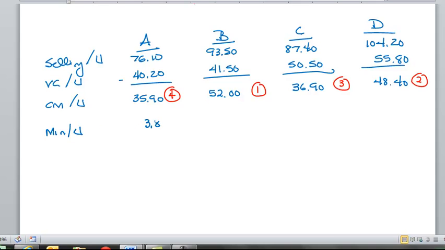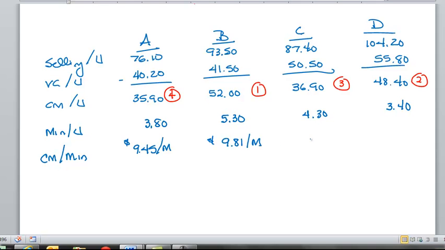That's 3.8 minutes for A, 5.3 minutes for B, 4.30 for C, and 3.40 for D. And therefore we get a contribution margin per minute, 9.45 for A, 9.81 for B, 8.58 for C, and 14.24 for D.